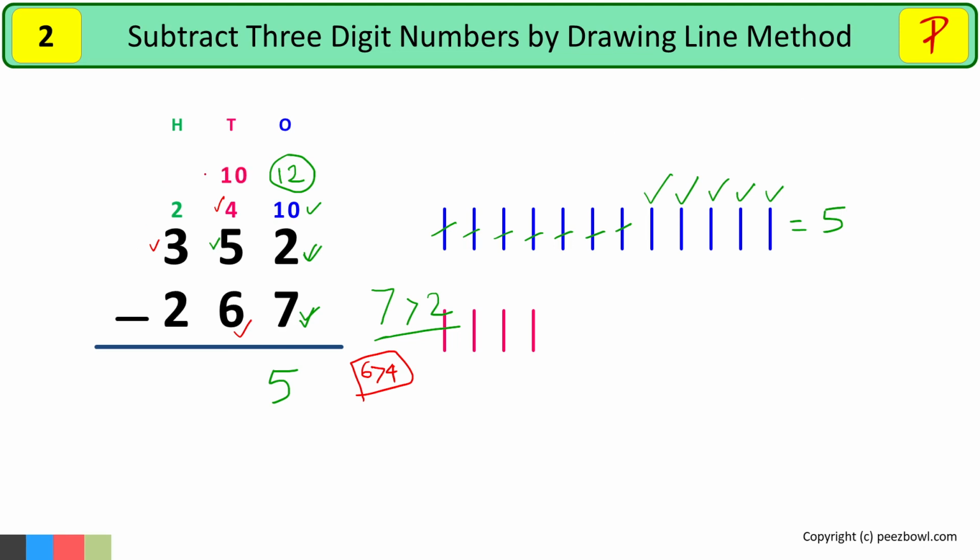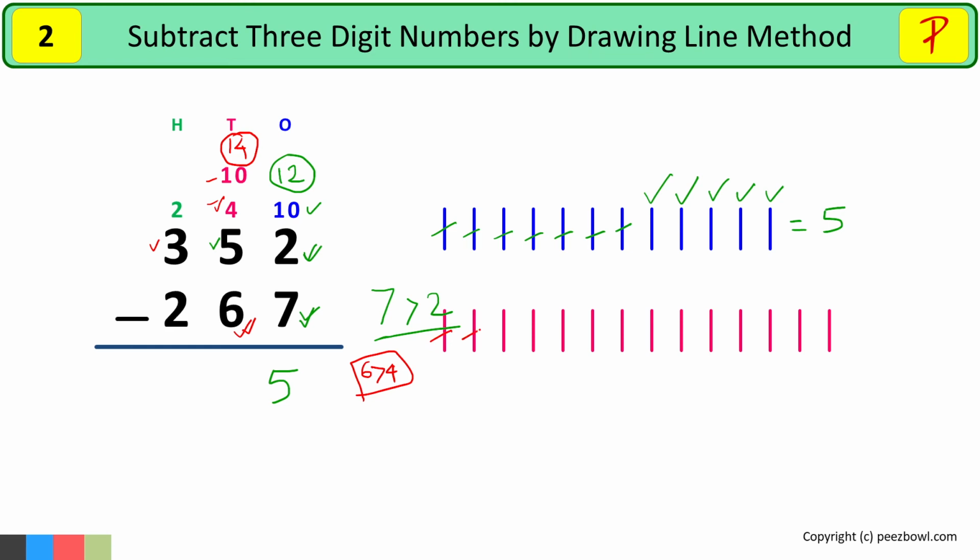So, at the tens place, we have 10 and 4, that is 14 tens. And we need to draw 14 lines to show this number. We already have 4 lines, so I will draw 10 more lines to show number 14. Here we have 10 more lines. Okay, in 267, there is 6 at the tens place, so I will cut 6 lines from these 14 lines.